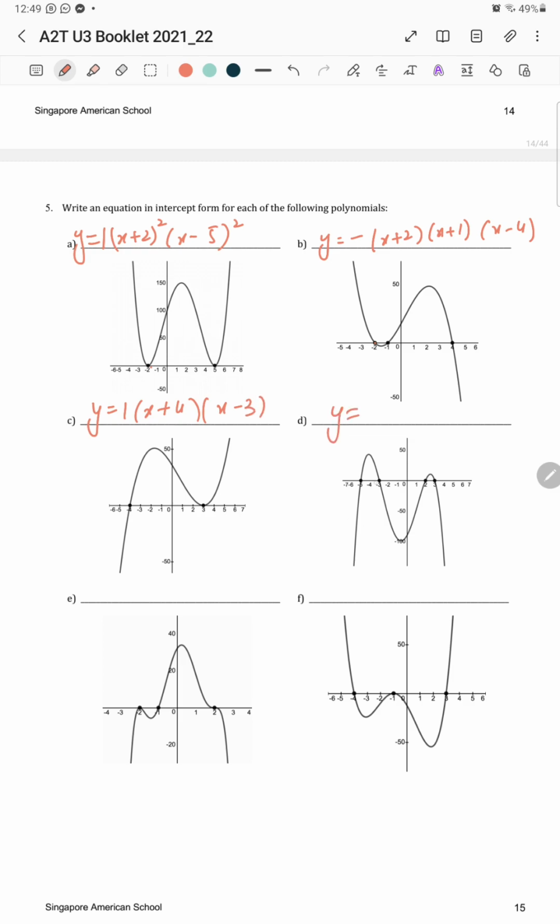So this is the decreasing trend, so it's going to be -1(x + 5)(x + 3)(x - 2)(x - 3).